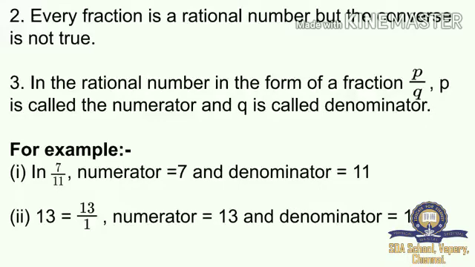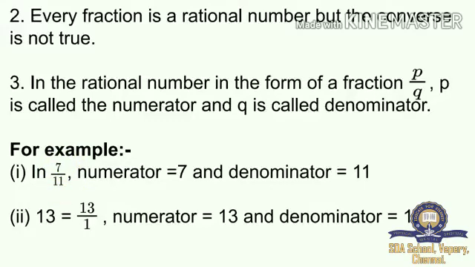But q is not equal to 0. p is called the numerator and q is called the denominator. For example, in 7 divided by 11, numerator is 7 and denominator is 11. Okay, this is numerator and this is denominator.